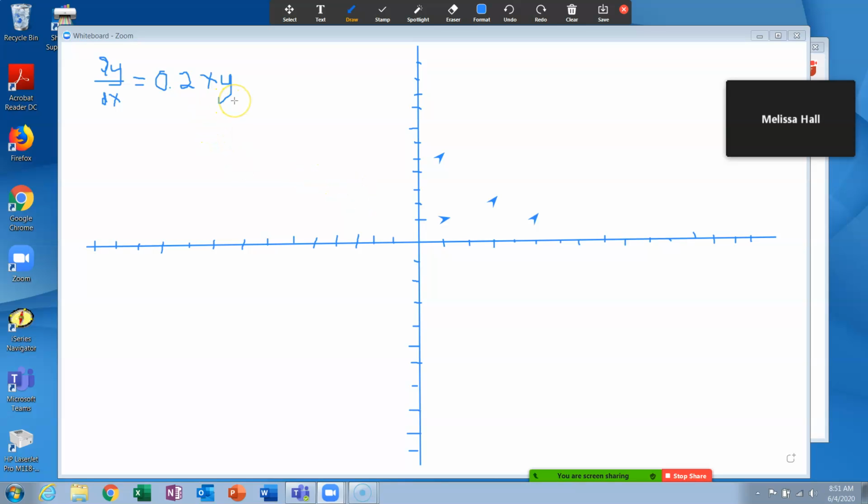Negative 3 times 3 would be negative 9, times 0.2 would be negative 1.8. So at negative 3, 3, which I think is right about there, what did I say? Negative 1.8, so that's almost a negative 2. So it's pretty steeply south, okay? Agreed? Give me another point. Anybody? Any quadrant?